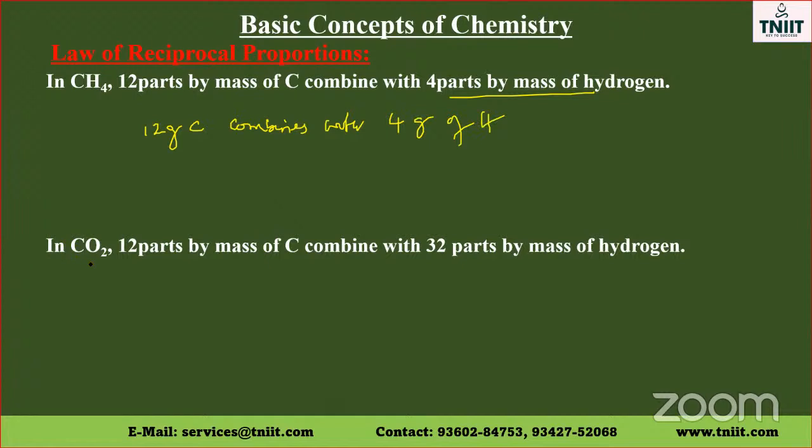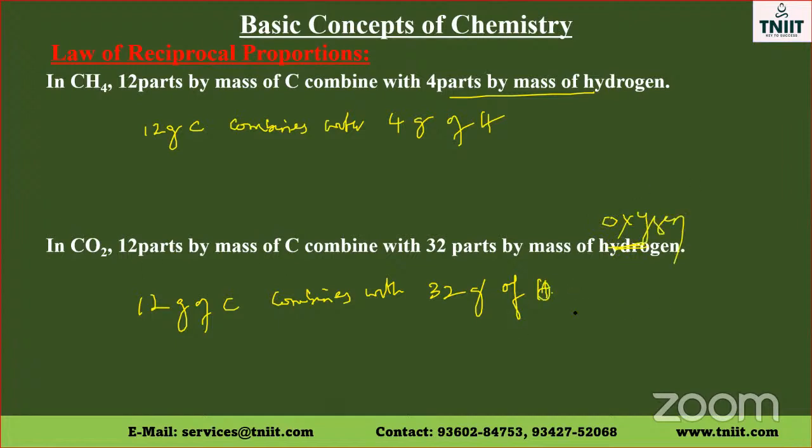Now, in carbon dioxide, 12 grams of carbon, or parts by mass of carbon, combines with 32 parts by mass of oxygen. It's not hydrogen, it's oxygen. 32 grams of oxygen.